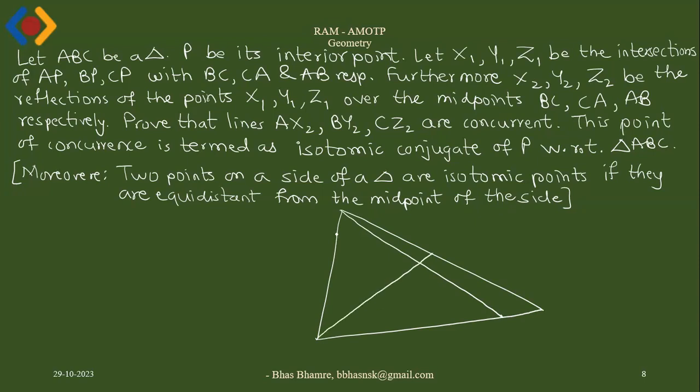Say our triangle ABC. This is our point P. This is X1, Y1, Z1. This is our point P.